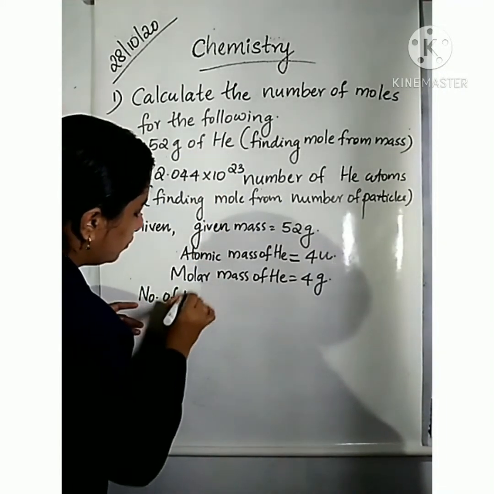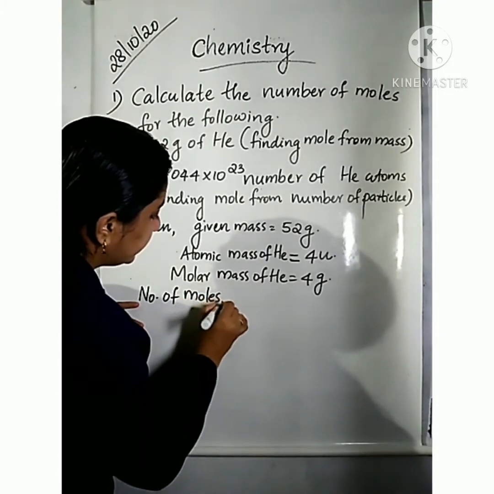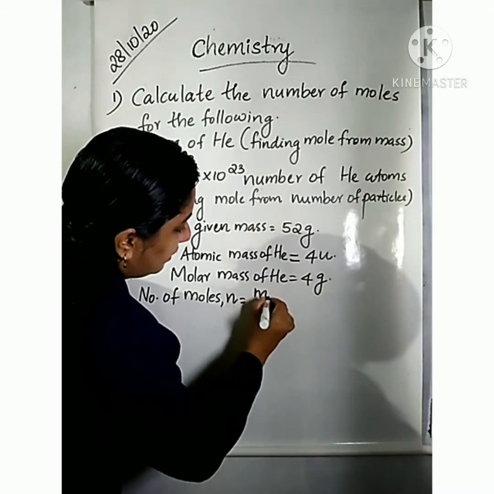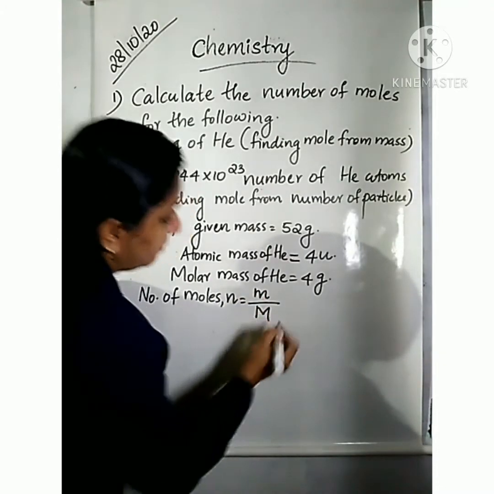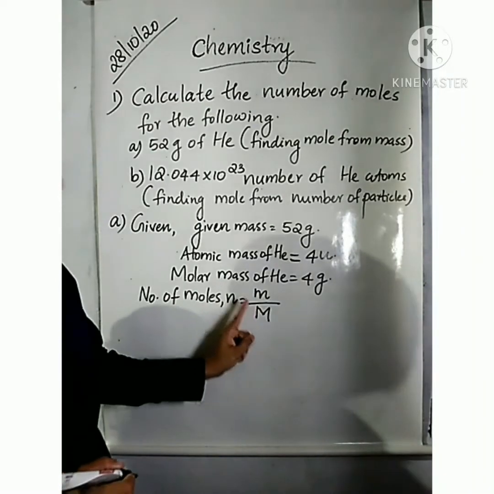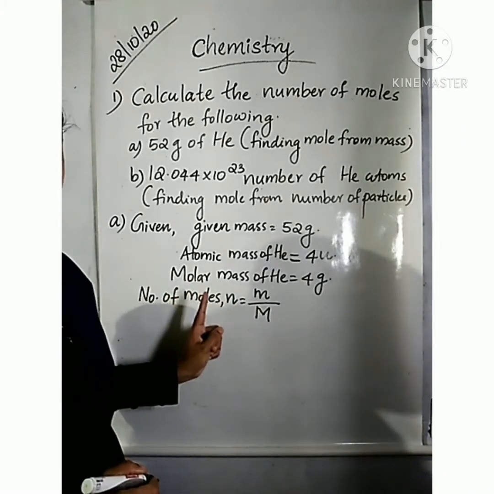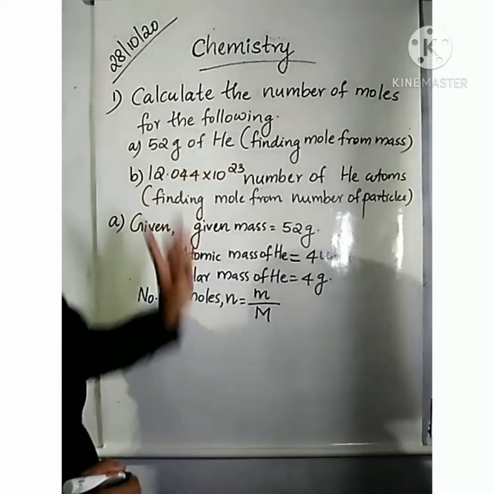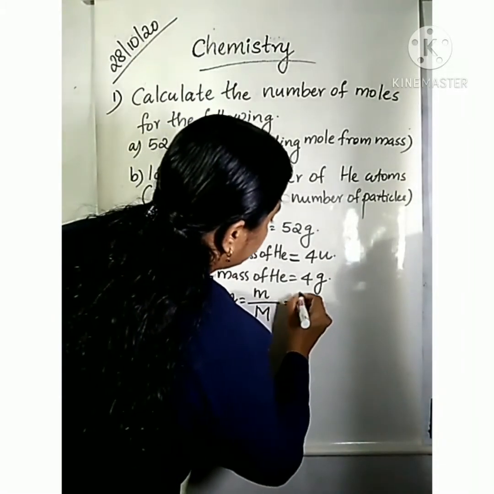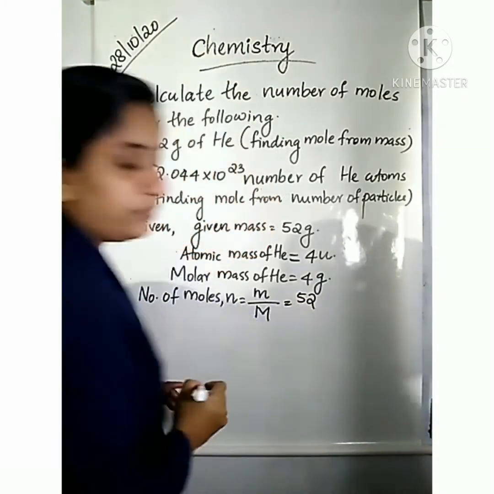Number of moles, that is small letter n equal to given mass by molar mass. This is the equation used to calculate the number of moles from given mass and molar mass. So, given mass is equal to 52.